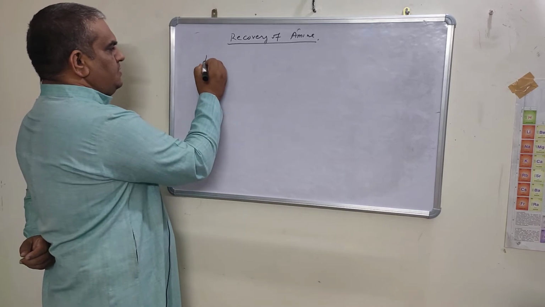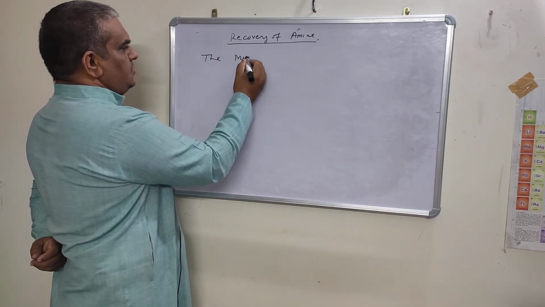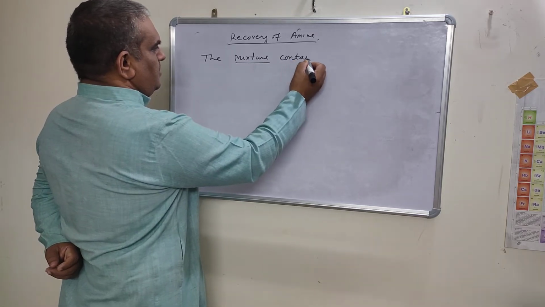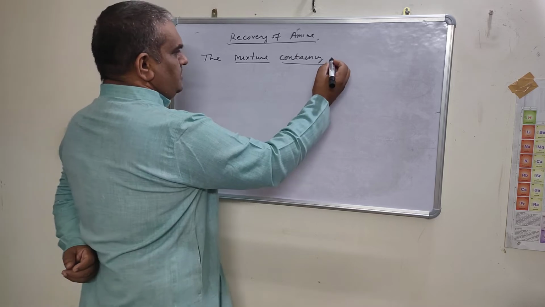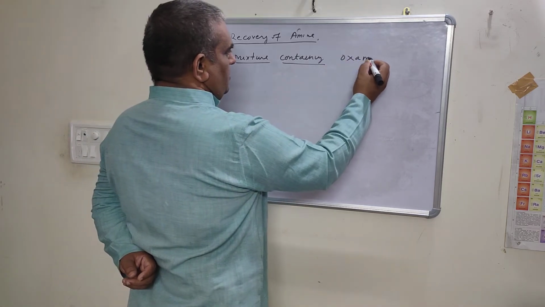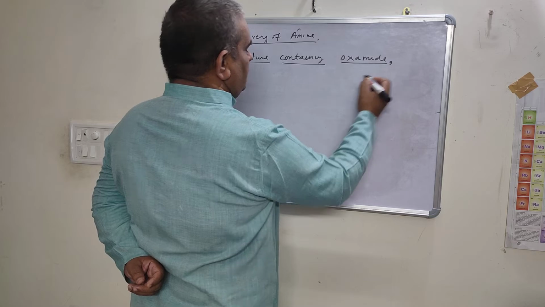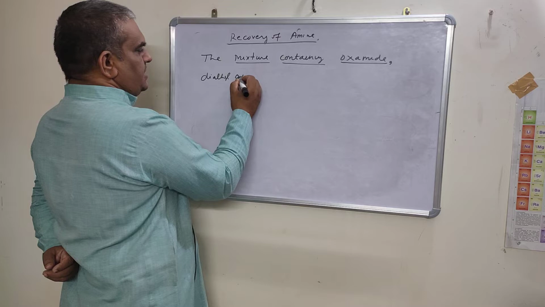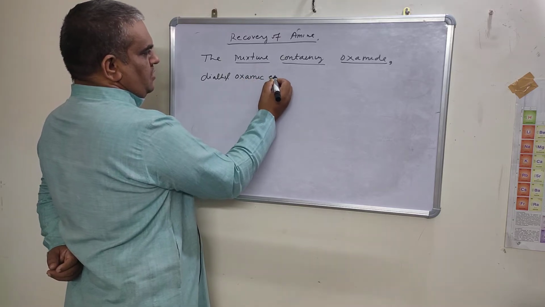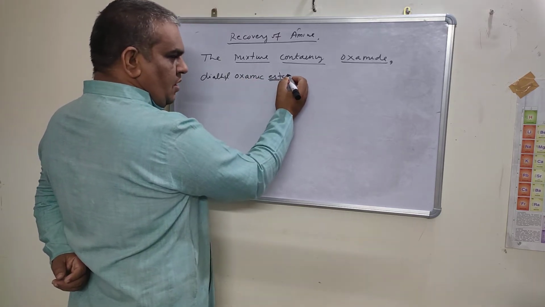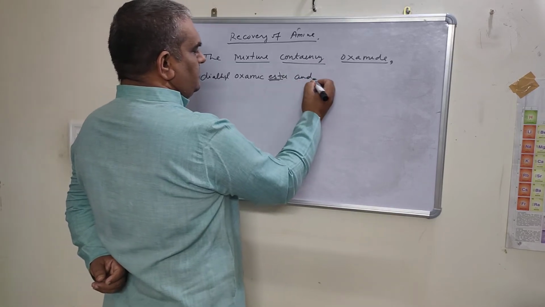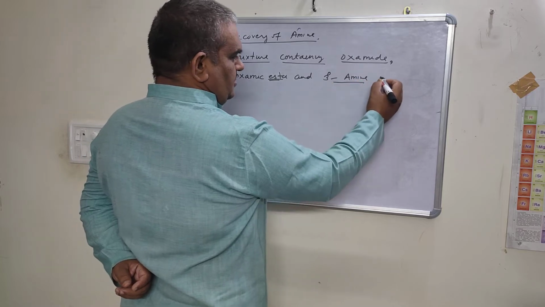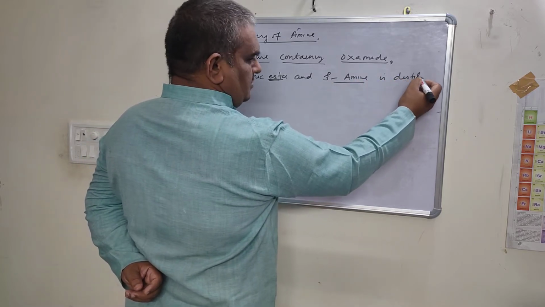How are the amines recovered? The mixture containing oxamide, which is solid, dialkyl oxamic ester, which is an oily liquid, and tertiary amine is distilled.